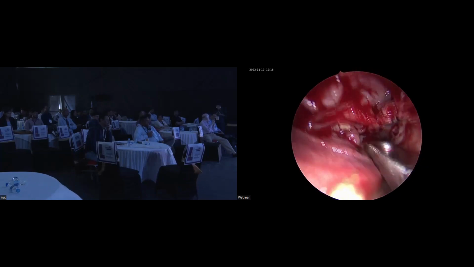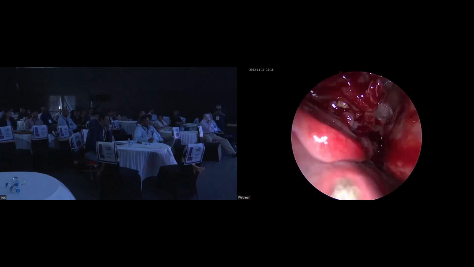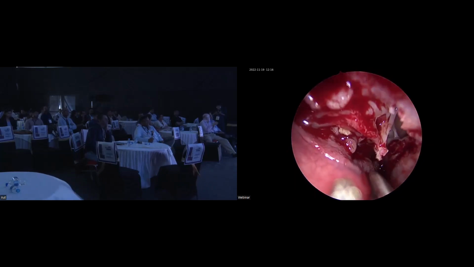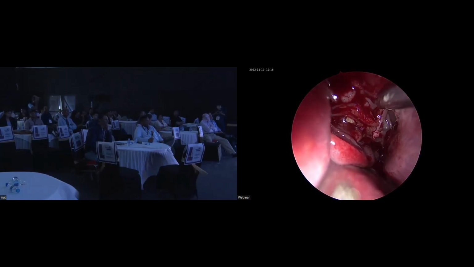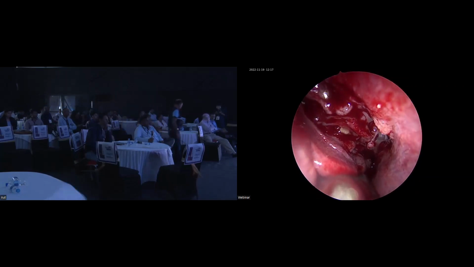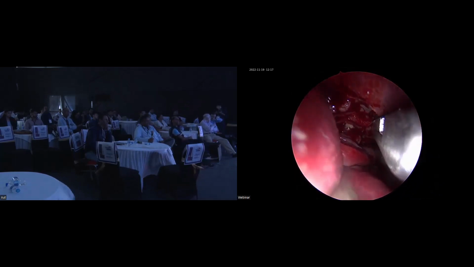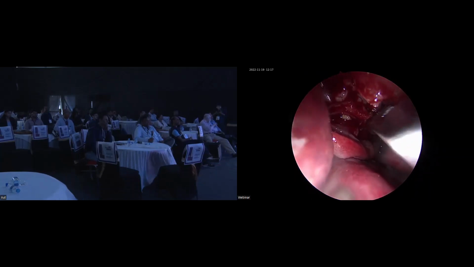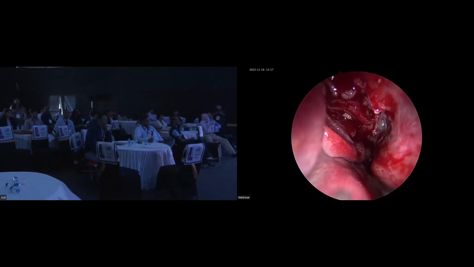You can see the ostium because I was not able to break it through with the ball point. So you can see the horizontal part of the uncinate is removed. I still have a small remnant of the uncinate at the lower end. The driver, please.